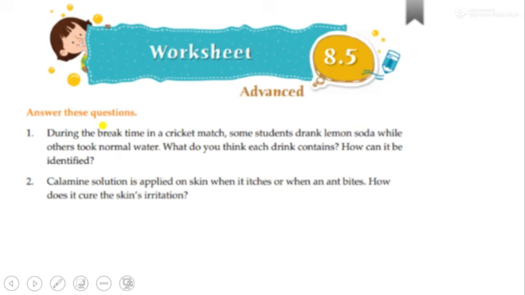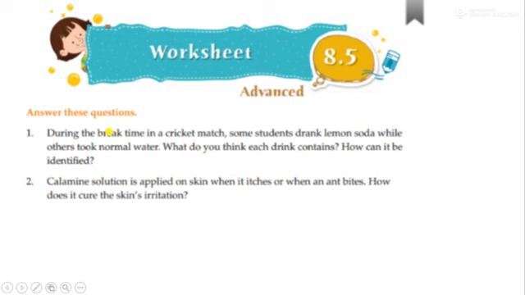Next, this is an advanced sheet where during a break time in a cricket match some students drank lemon soda while others took normal water. What do you think each drink contains, and how can it be identified? First of all, lemon soda and second is normal water. तो normal water को मैं litmus paper से check कर लूँगी. If I check with litmus paper, normal water is neutral in nature, but lemon soda क्या होगा, slightly acidic in nature होगा, right?